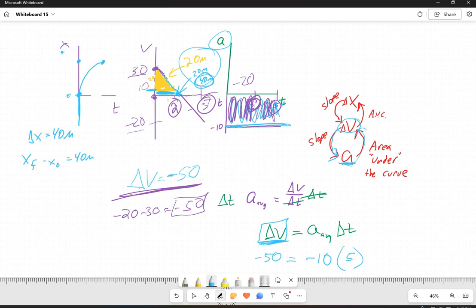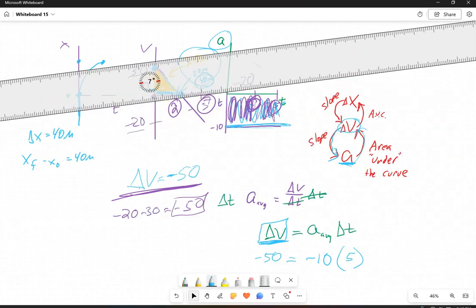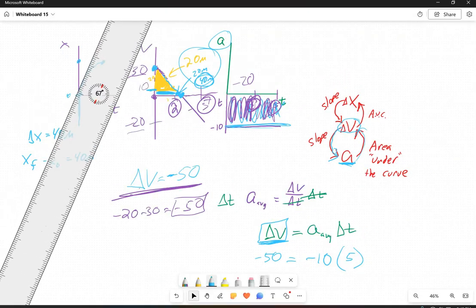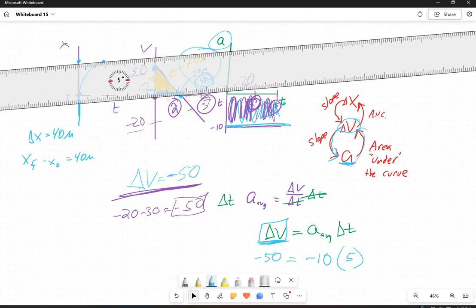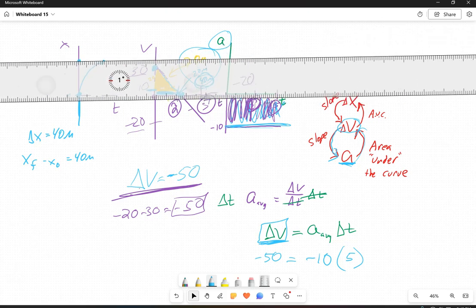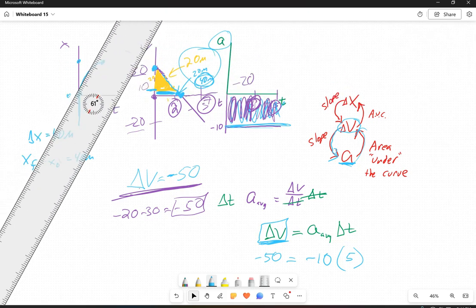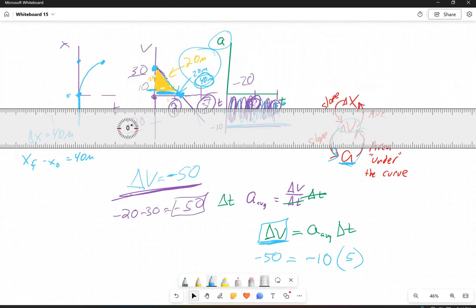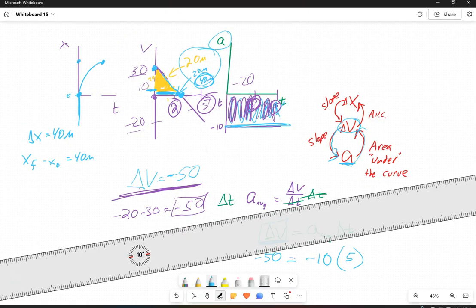Our velocity starts positive and then it goes towards 0. So we can remember that the slope of a position versus time graph starts positive and then goes to 0. And that represents our velocity. Slope of a position versus time graph is velocity. Good, so we've got that. Our next piece, we can calculate whatever this area is here.